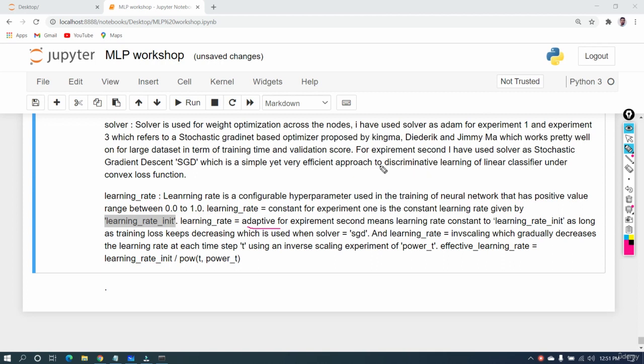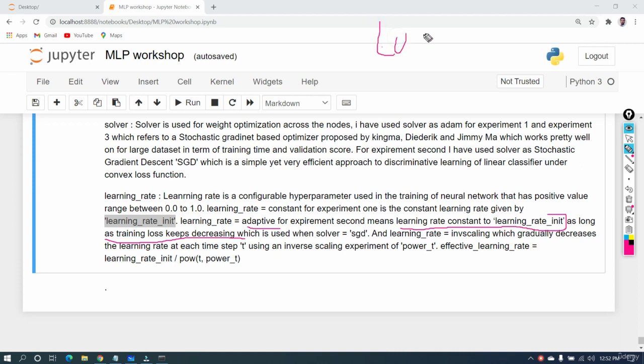So what is adaptive? In the second experiment, the learning rate was constant at the learning_rate_init as long as the training loss kept decreasing. That was the reason we have this training loss. Loss is not preferable in our program.